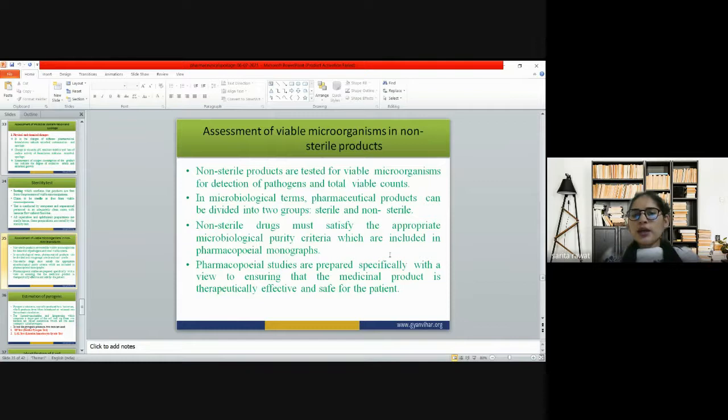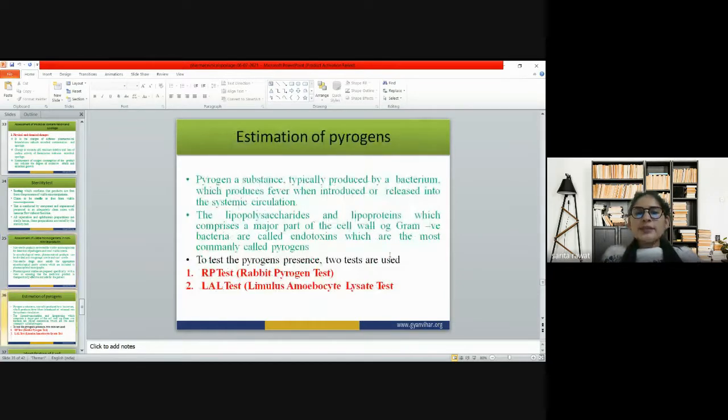Microbial terms of pharmaceutical products can be divided into two groups, sterile and non-sterile. Non-sterile drugs must satisfy the appropriate microbial purity criteria, which are included in the pharmacopoeial monograph. Pharmacopoeial standards are prepared specifically with a view to ensuring that the medicinal product is therapeutically effective and safe for the patient.